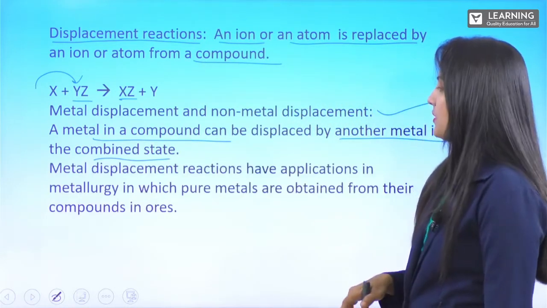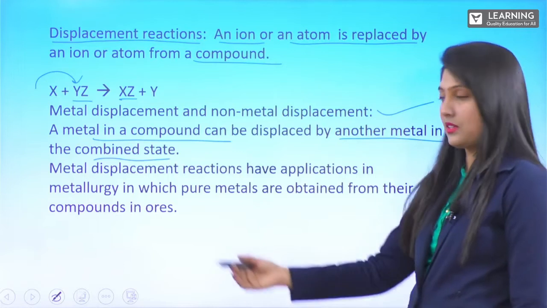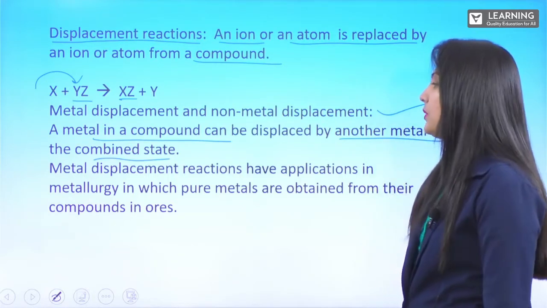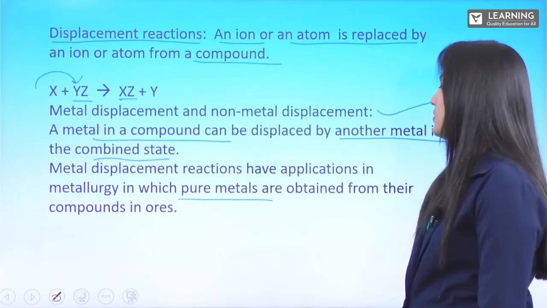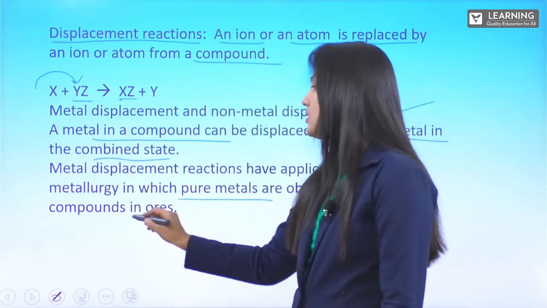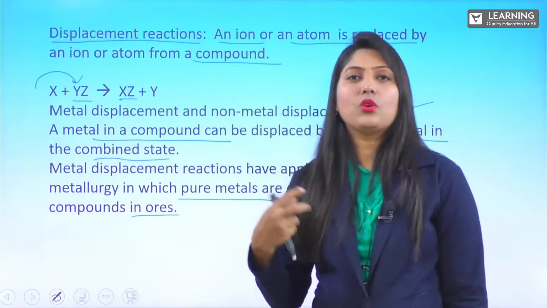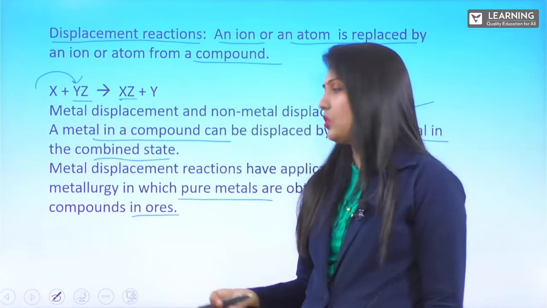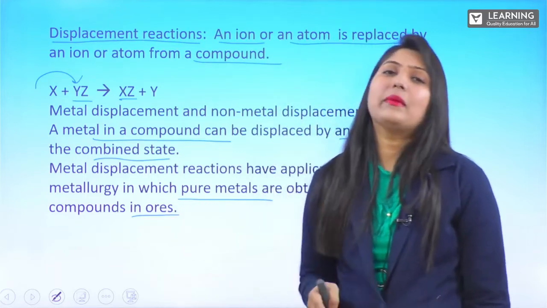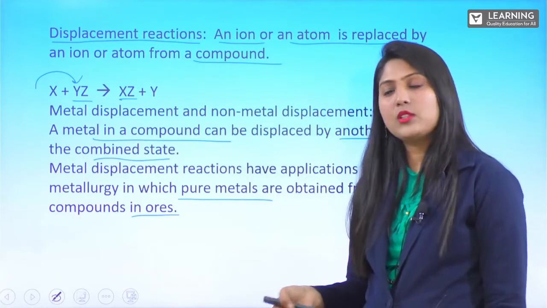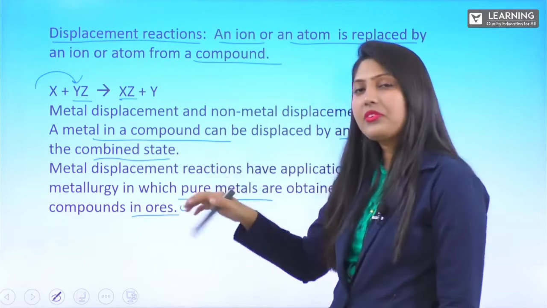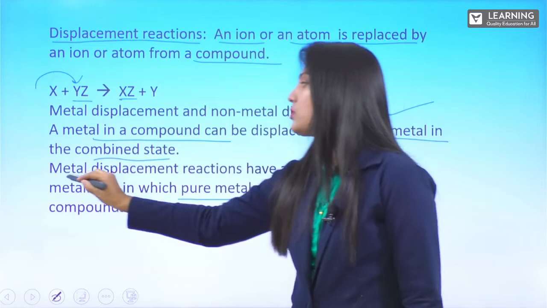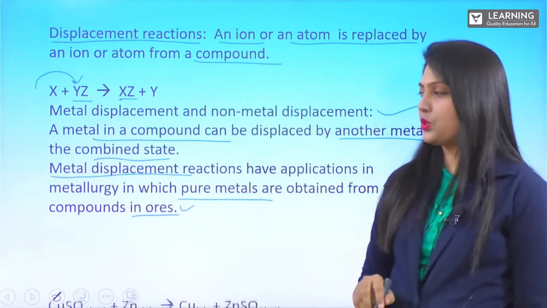Metal displacement reactions have applications in metallurgy, as in the first session itself we informed you, to remove the pure metals from their ores, because ores are made up of combinations of halides, sulfides, oxides and chlorides, right? So when the metal is mixed with another element to form the ore, to take out the pure metal from the ore, we use this displacement reaction.